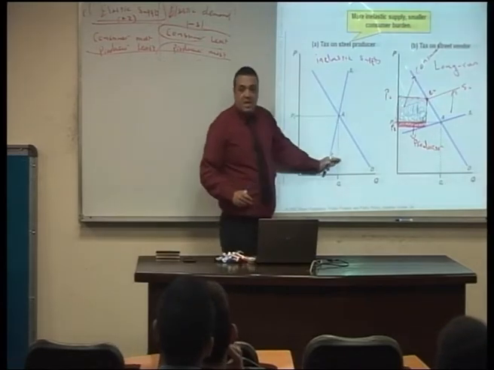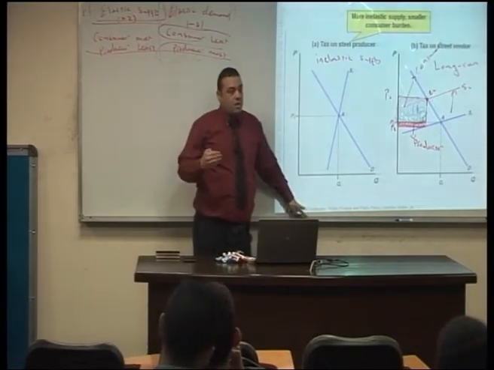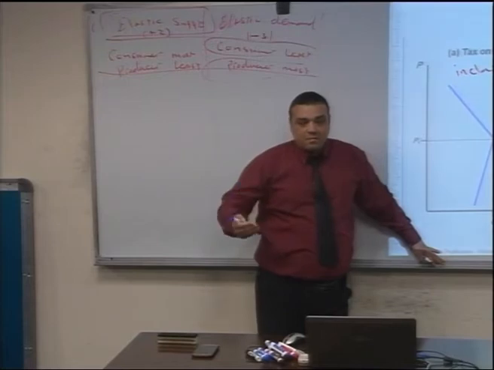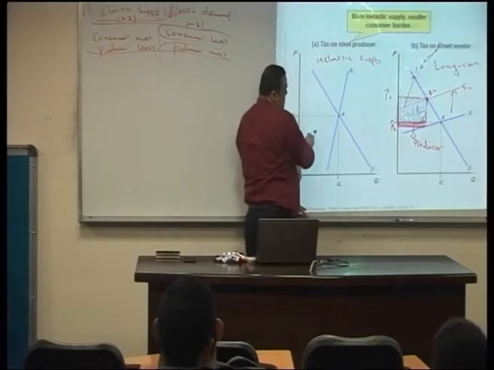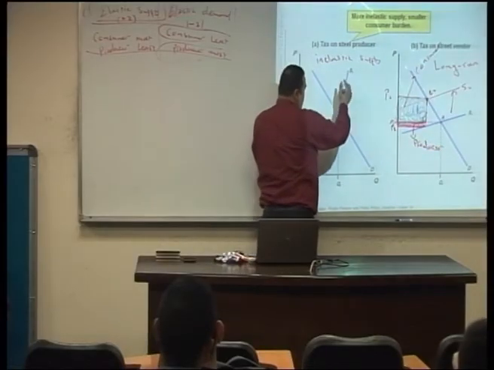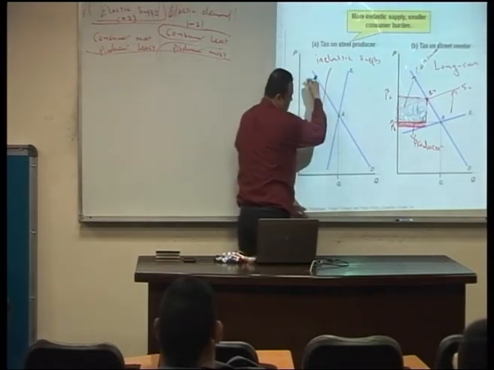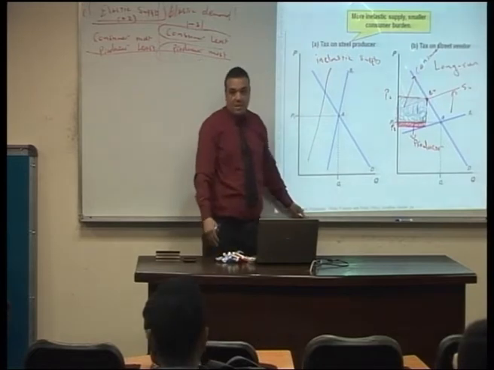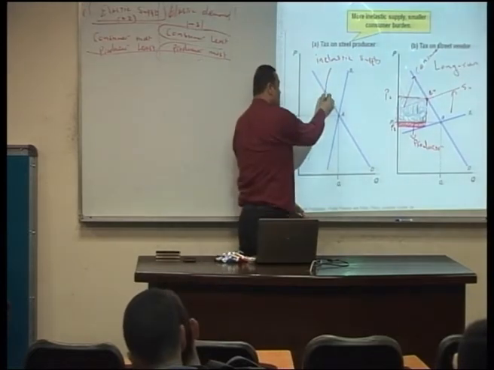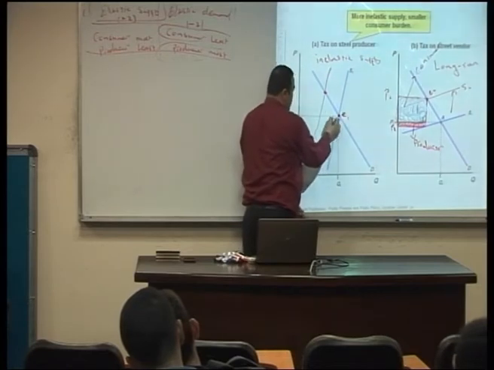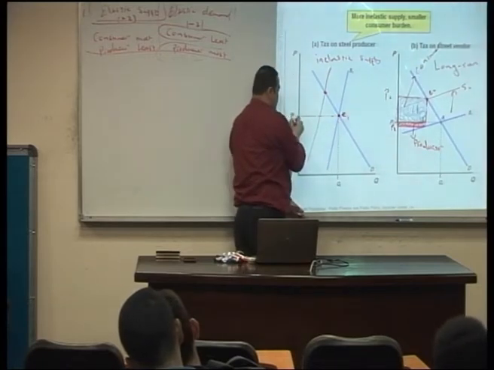If supply is inelastic, here we work in the short run. The government levies taxes on the firm, supply shifts left, or on the producer, supply shifts left. Demand is neutral, unitary elastic. This is the original equilibrium, E1, and this is P1, Q1.